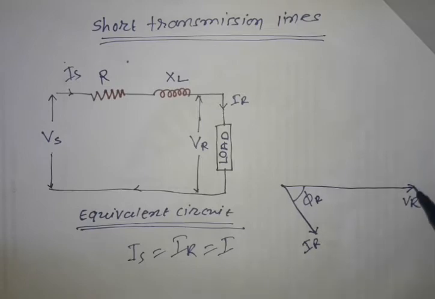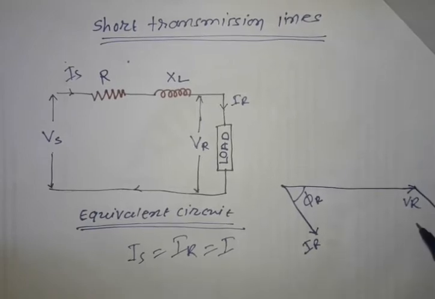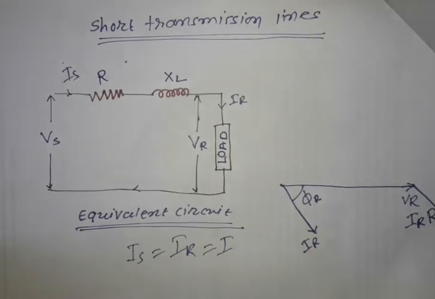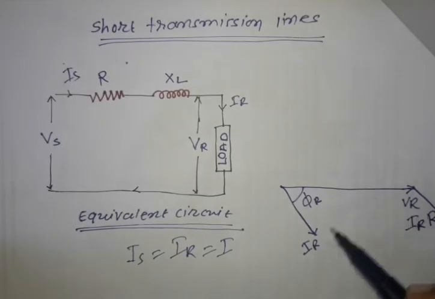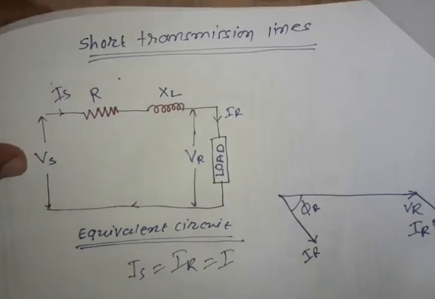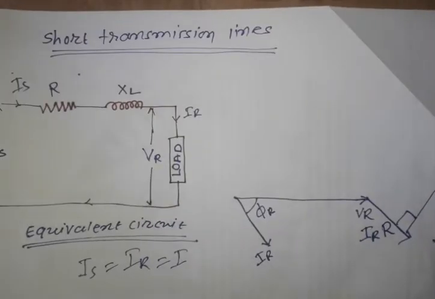So we draw a line parallel to the current IR, which is our resistive drop, IR into R. Now we know that any inductive drop is at 90 degrees to the current. So at 90 degrees to the current IR we draw the inductive drop, which is IR into XL.